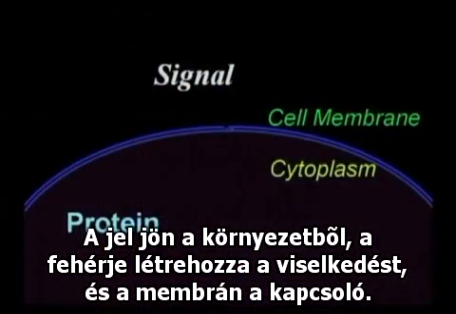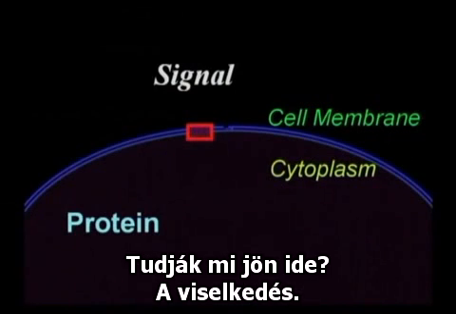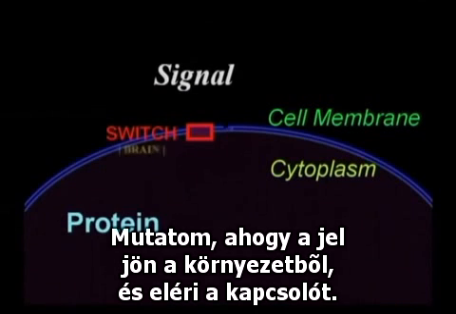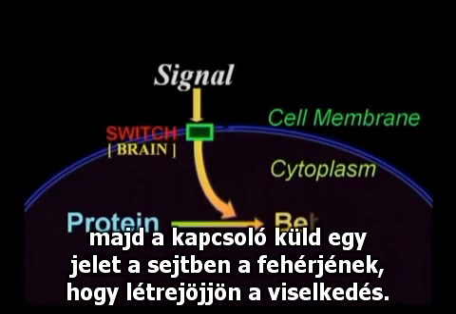Okay. This is like the other slide. Signal plus protein. Do they know what goes over here? Behavior. Now, I'm going to show the signal comes from the environment and hits the switch. Then the switch sends a signal into the cell to the protein to make behavior.